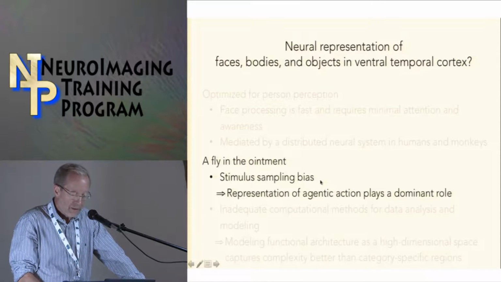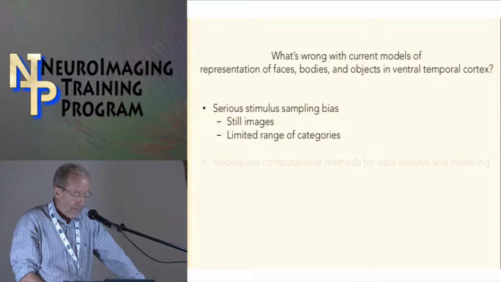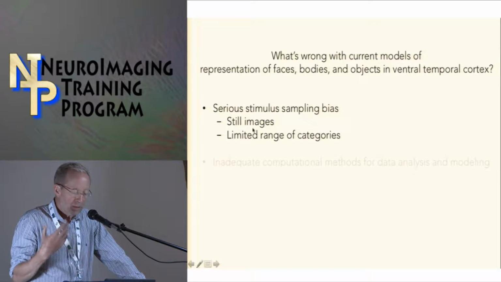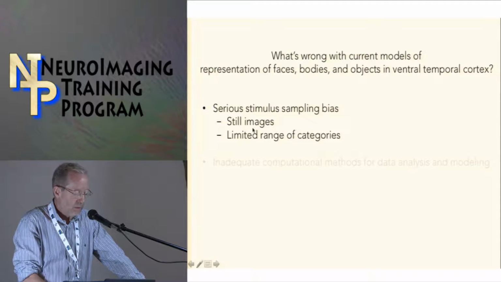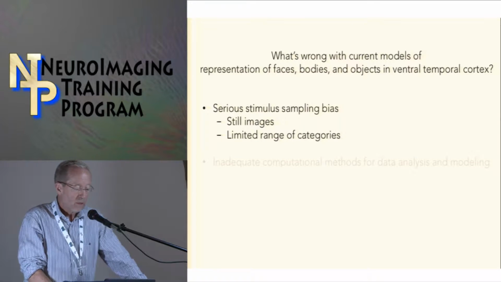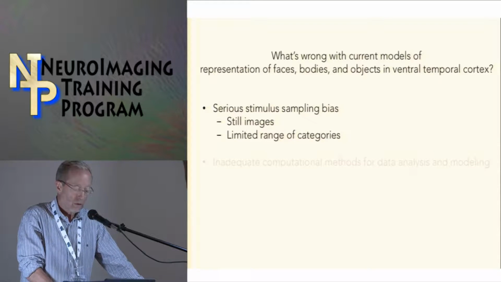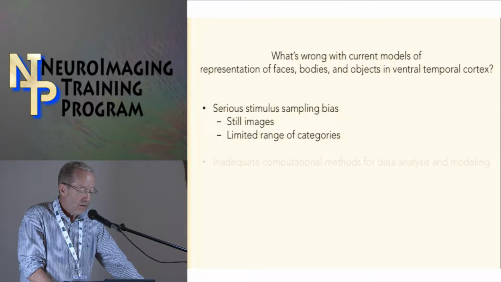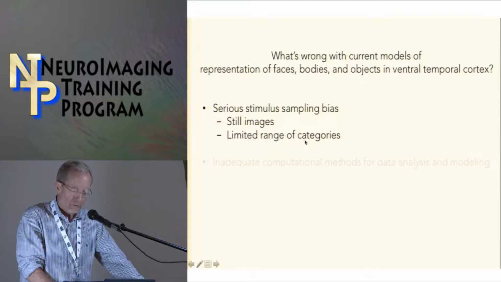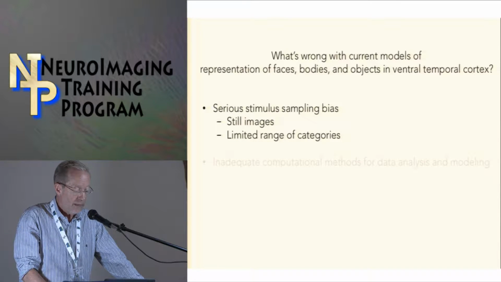But is there a problem with that? Well, the sampling bias is that this whole model is based on studies that use still images. And necessarily, they use a limited range of categories, generally faces, bodies, and isolated single objects.